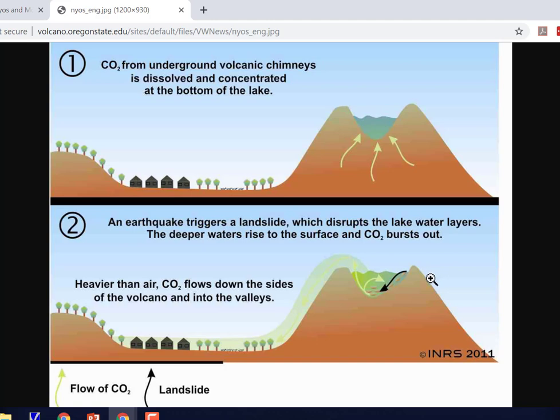So the water that was at the bottom got to the top, where it was warm and low pressure. And all the extra carbon dioxide came out. And carbon dioxide is denser than air, so it flowed into the valley and filled the valley 150 feet deep with carbon dioxide.